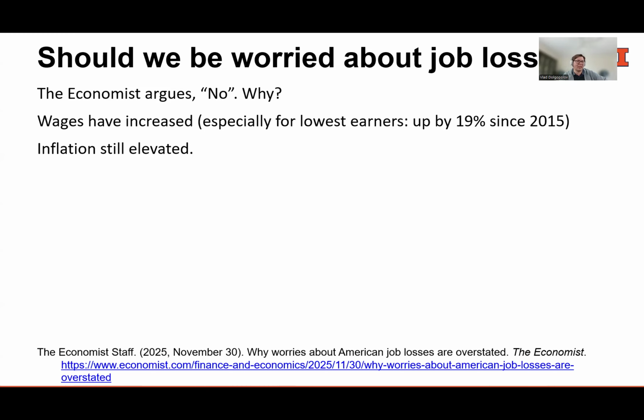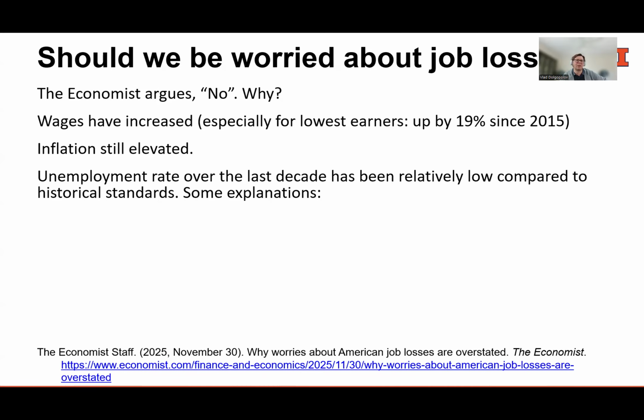Inflation is still elevated, right? Which is a sign that the economy is overheated, that it's operating close to its production capacity. Increasing and decreasing the interest rates can actually contribute to inflation, right? Unemployment rate, if you look at the unemployment rate over the past 10 years, it's been pretty low compared to historical standards.